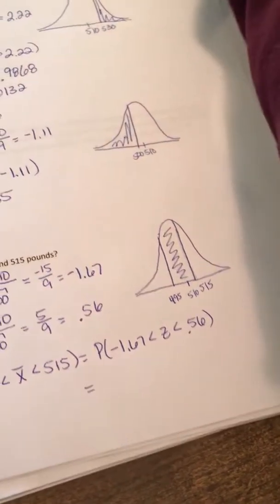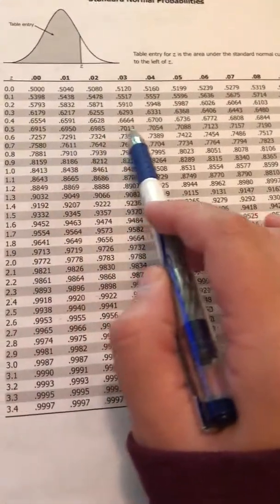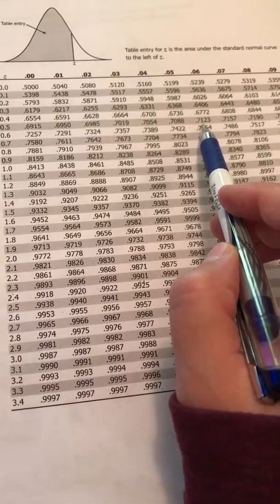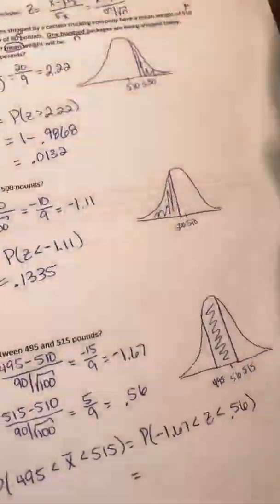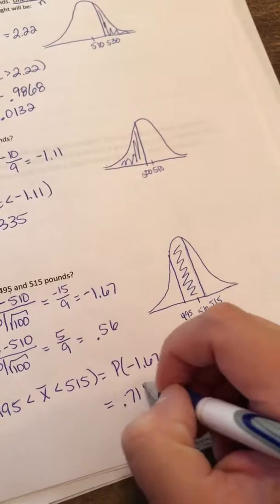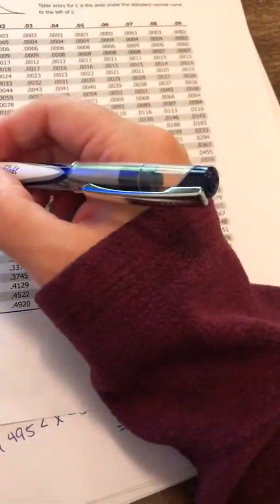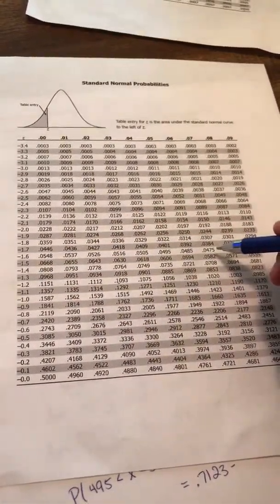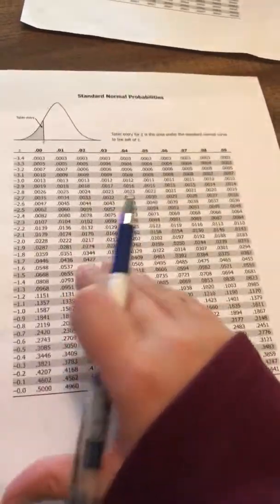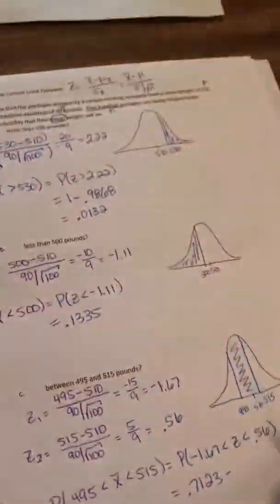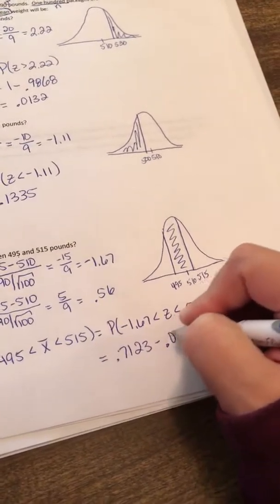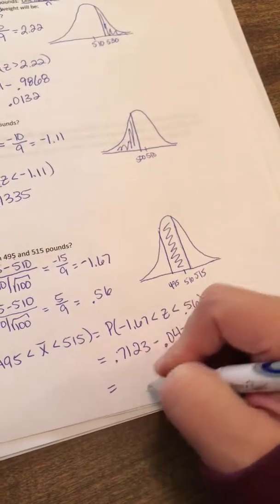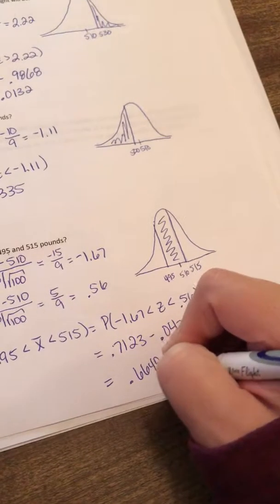So for 0.56, here's 0.5 over to 0.06, 0.7123 minus, for negative 1.67, here's negative 1.6 over to 0.07, 0.0475. So you get 0.6648.